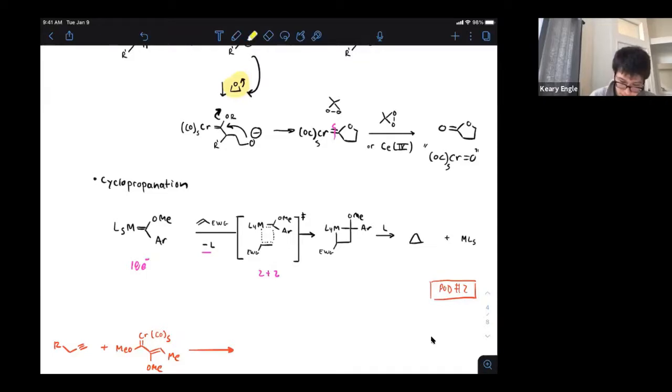When I say that, I'm talking about this C and this C reductively eliminating to give a cyclopropane. And then recapture of the metal with that freed ligand.